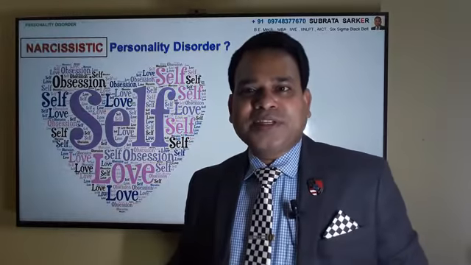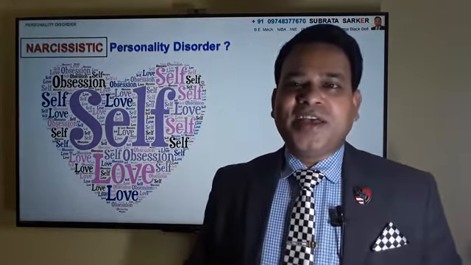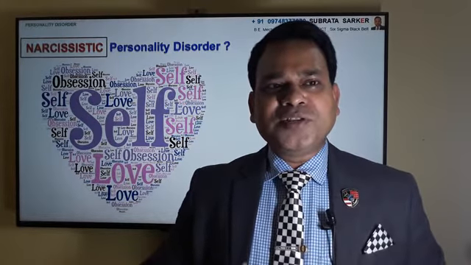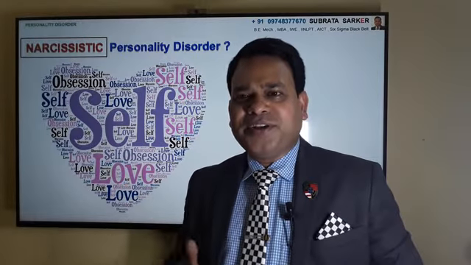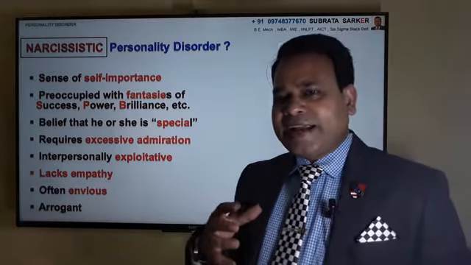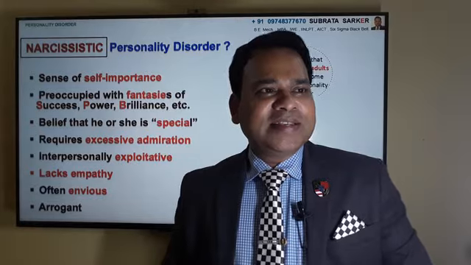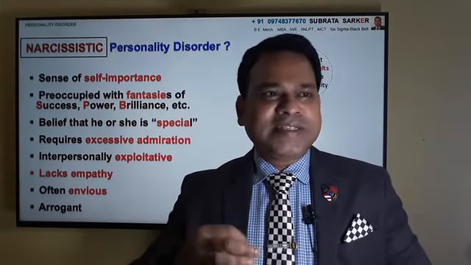So this type of personality disorder is called narcissistic personality disorder. These people are very busy with themselves only. They are always busy with themselves. You can see here the points, or characteristics, of this type of narcissistic personality disorder. They always want self-importance.